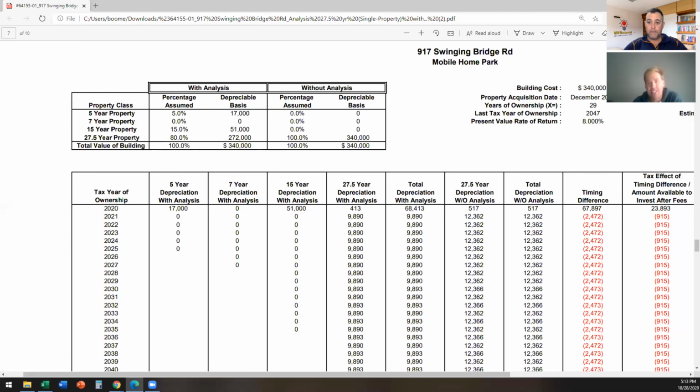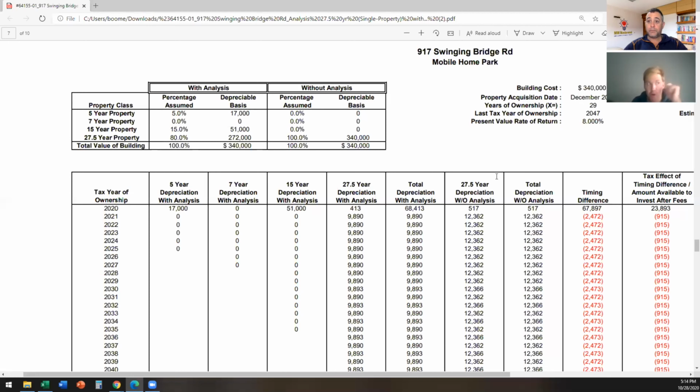Now, this property is not set to close until December 2020. So if you do not do a cost seg study, if you either don't know about it, you're not educated on it, or you decide not to do it, you're only going to have $517 of depreciation expense, because your straight line depreciation is prorated for less than 1 month out of the year.